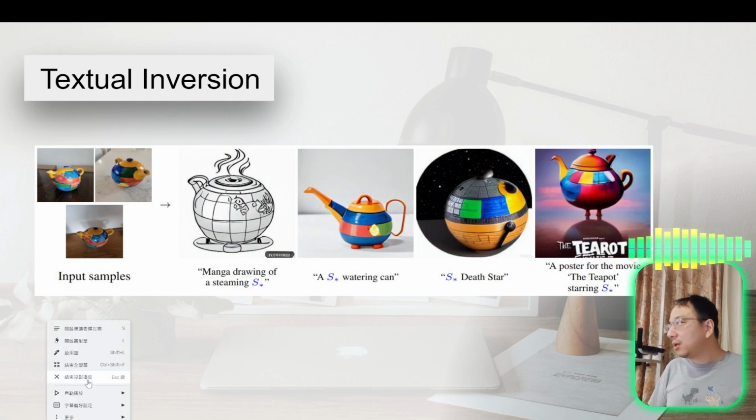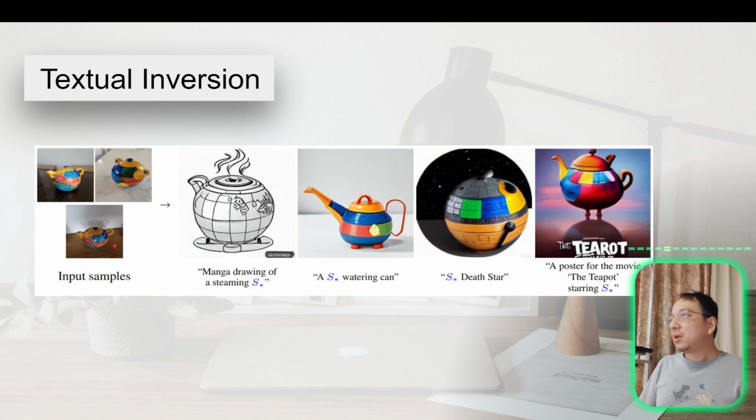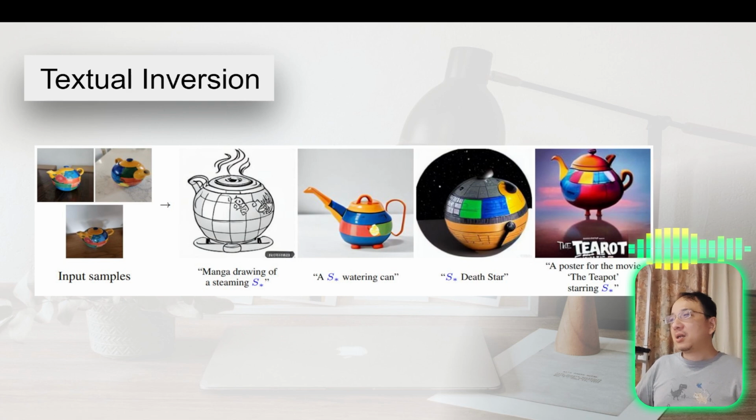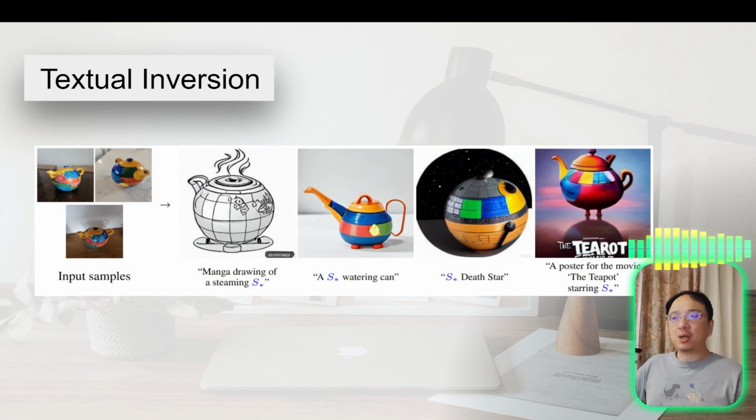So let me turn on the laser pointer. You can see the thing that we want to do is to ask the diffusion model to recognize a new type of object, and this object doesn't yet have a name. So we want to add a new vocabulary into the text encoder and hope that the diffusion model can recognize this new vocabulary.